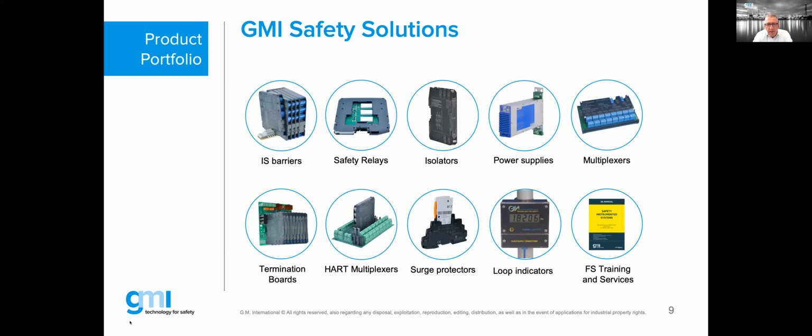We have HART multiplexers as well as surge protection and some loop indicators. All of these products are either functional safety related, SIL certified, or suitable for SIL applications, or they are suitable for hazardous locations, or both together.